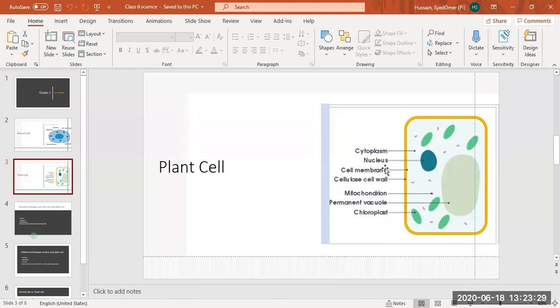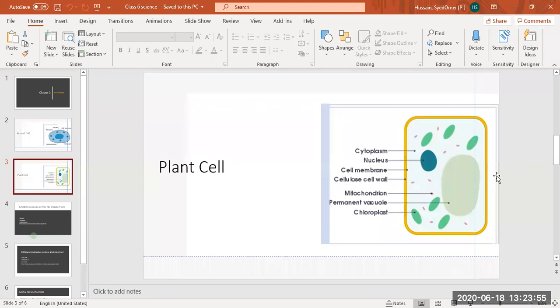So, what is a cell wall? A cell wall is a rigid, strong coating present outside the cell membrane, and it protects the cell from any kind of damage from the outside environment. Okay, and also it helps the plant cell to keep its shape. You can underline the cell wall, these two lines.